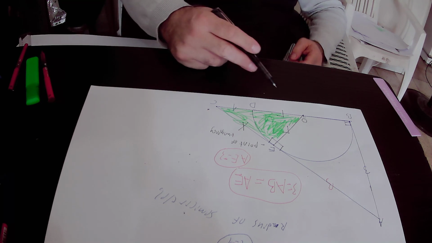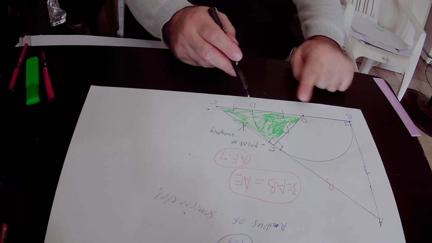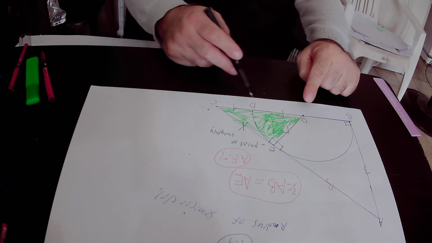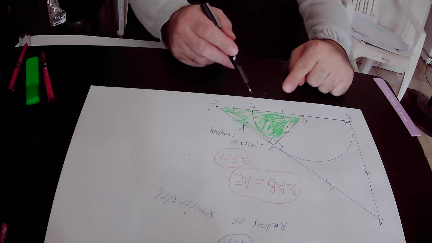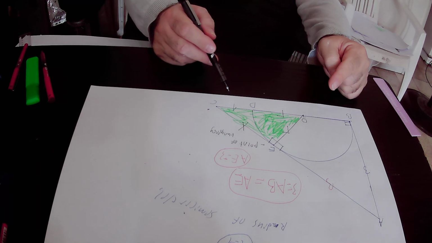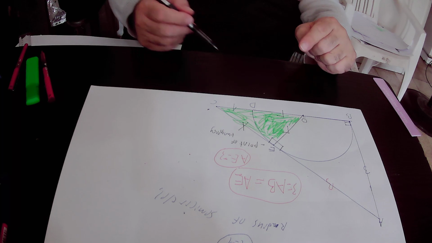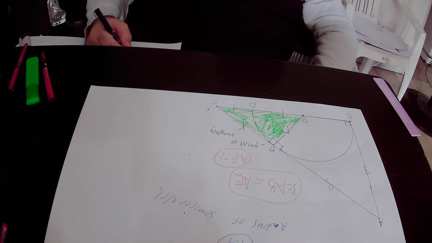So OC equals OD plus DC, that is R plus 1. And OC squared will be equal to R plus 1 squared.